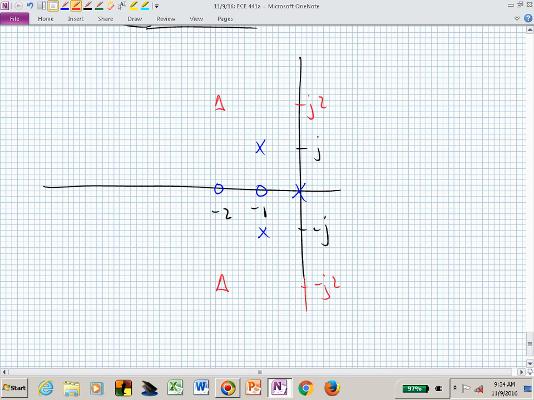If we want the root locus to pass through that point, this red triangle, either up in the second quadrant or in the third quadrant, it's going to do it simultaneously. Now what we're trying to do is figure out where is this pole?